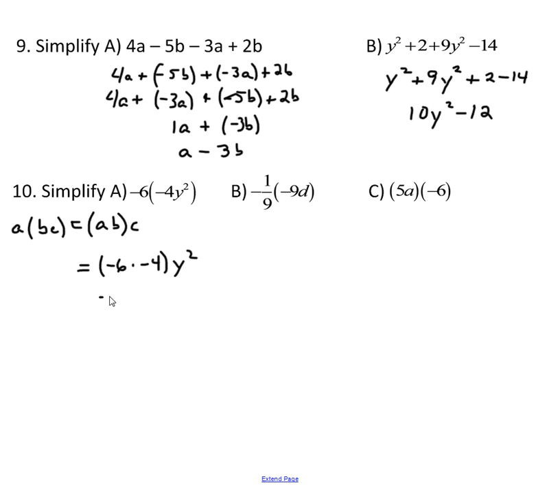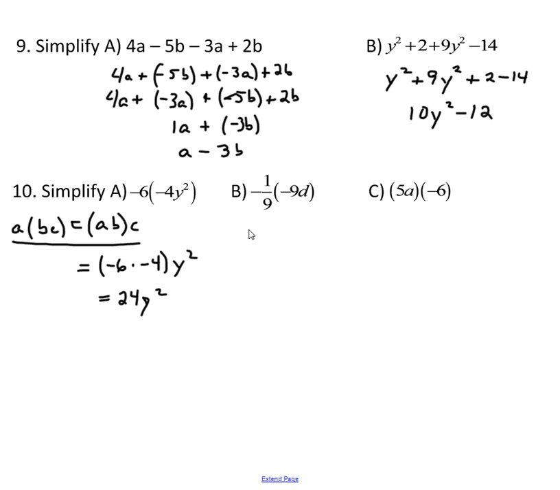So by this rule, we're going to get positive 24y squared. Notice, by the way, we didn't have to multiply negative 6 times negative 4 and negative 6 times y squared, because negative 4 and y squared are already multiplied. We only have to use this associative rule right here.